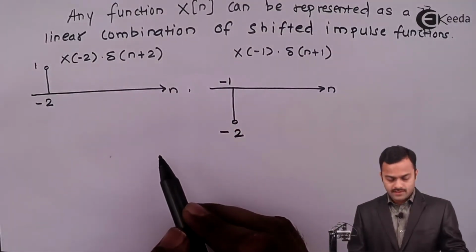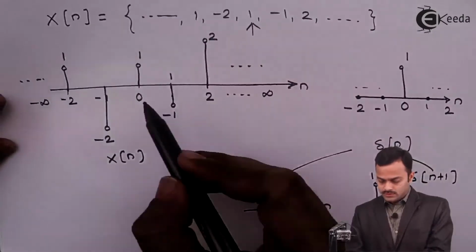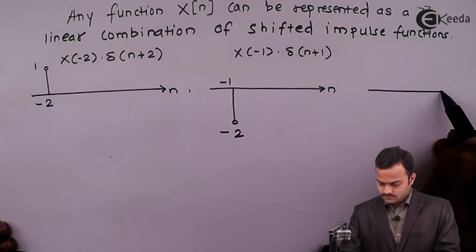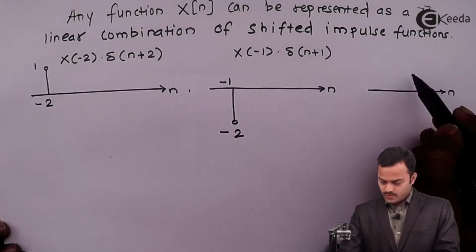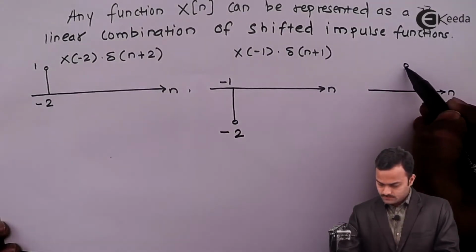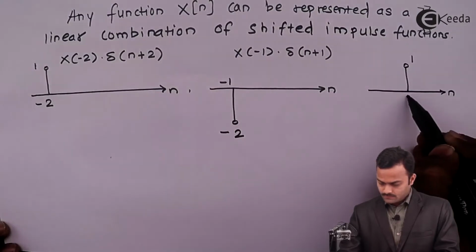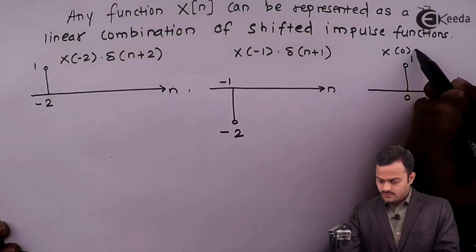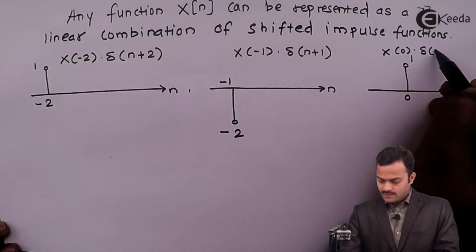Let's go ahead and find out the value x of 0. So x of 0 is 1. I can write this as x of 0 into delta n.